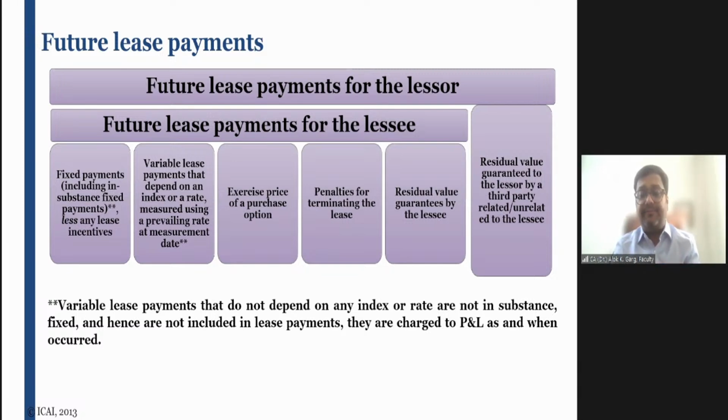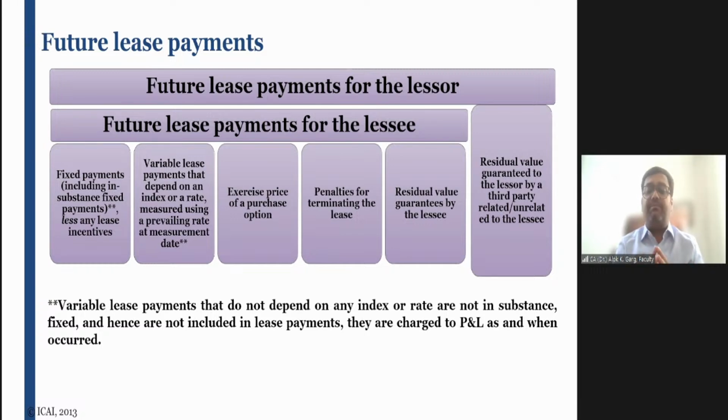Then we covered the termination part: if the termination right is with both the parties, then the termination period should not be considered while calculating the lease term. If the termination right is only with the lessor, then the termination period has to be considered in the calculation of lease term.